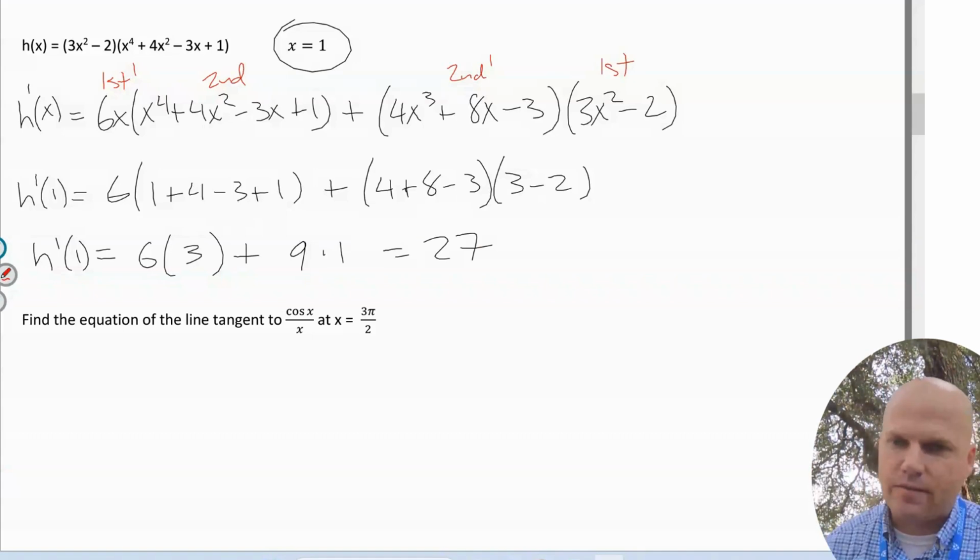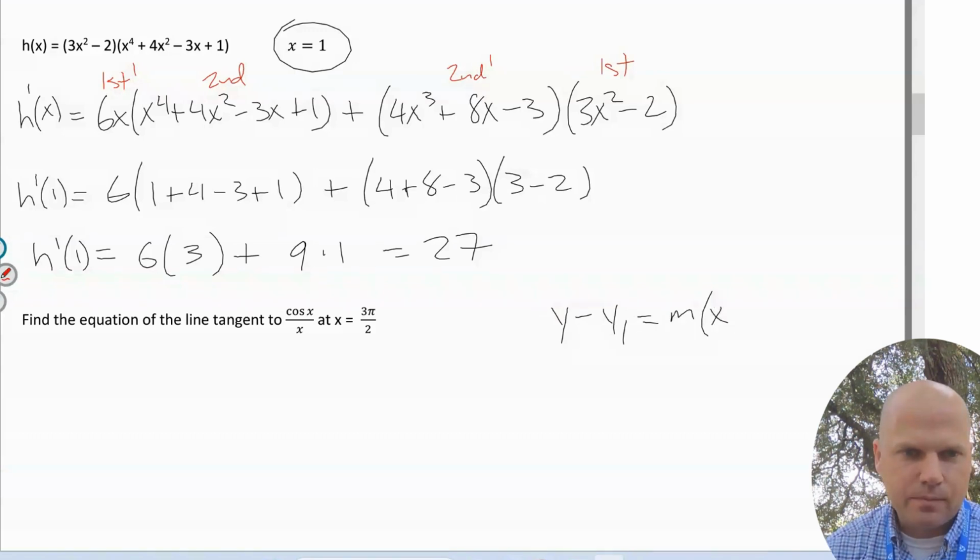All right, equation of a tangent line. Let's remember the simplest form of an equation of the line that just has one point and a slope. You already know the x value. It's 3 pi over 2. All you need is a y value and an m.